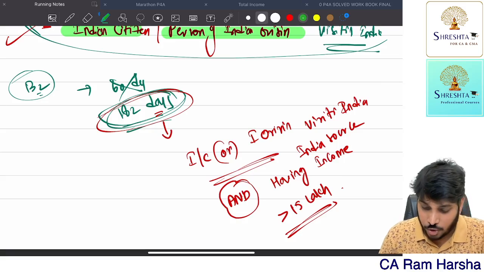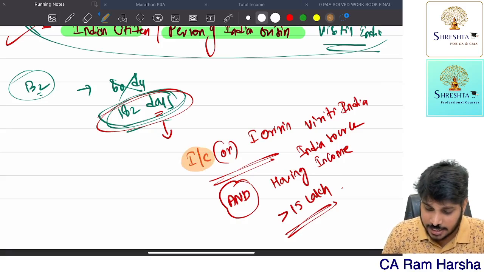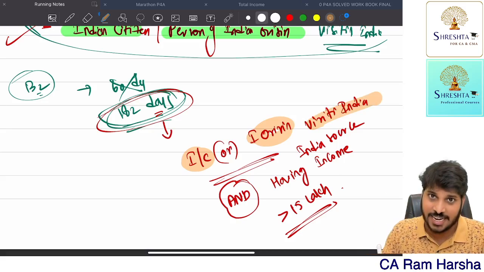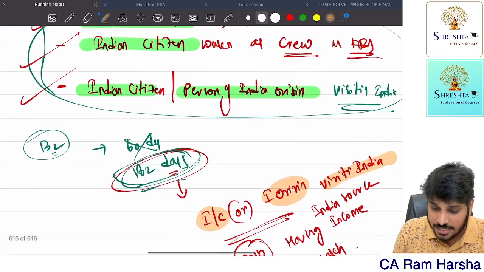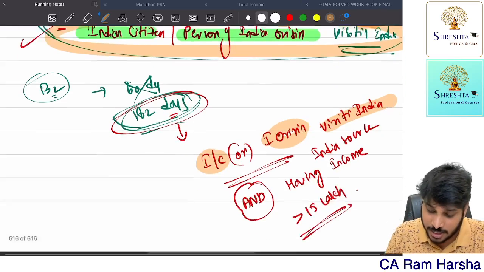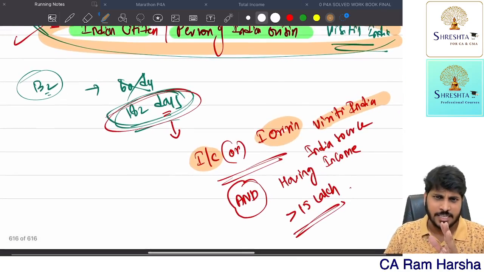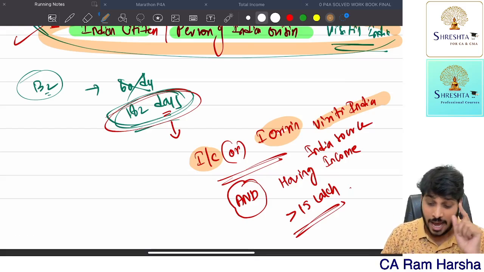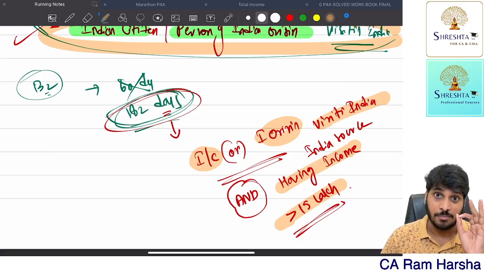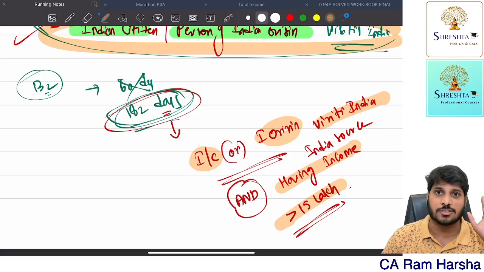You are an Indian citizen, or you are a person of Indian origin. You are visiting India, which means the third category, case number 3, they're talking about. You are having more than 15 lakh Indian income. Indian income means what? Excluding foreign sources.